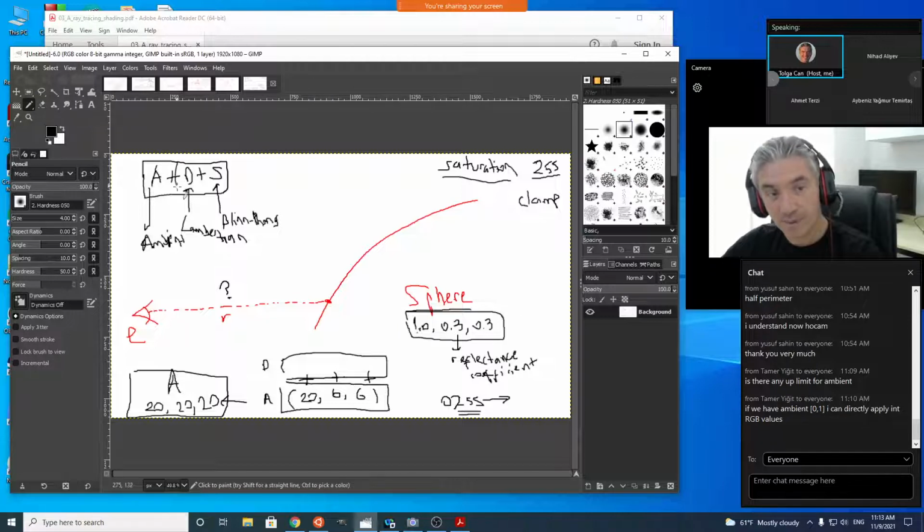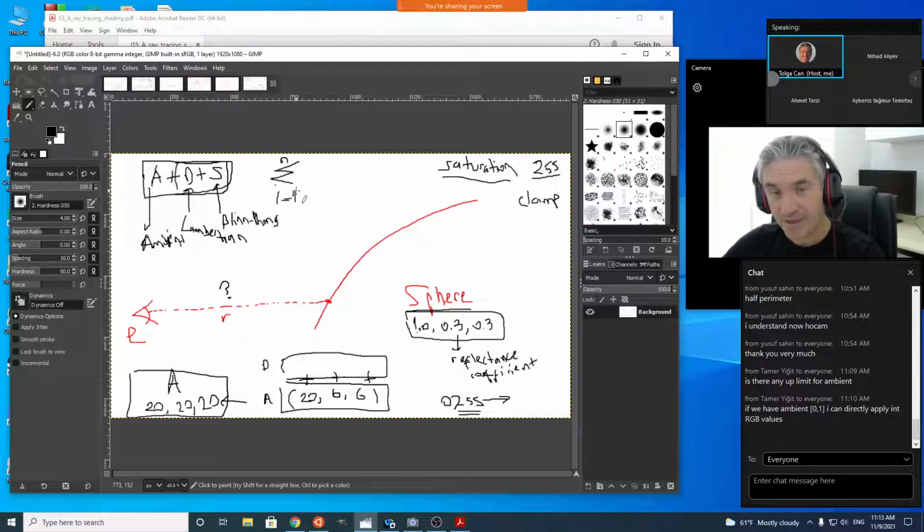But the diffuse and specular components are computed per light source, which means this part of the equation is like a for loop, for each light source, from the first light source to the nth light source in your scene.